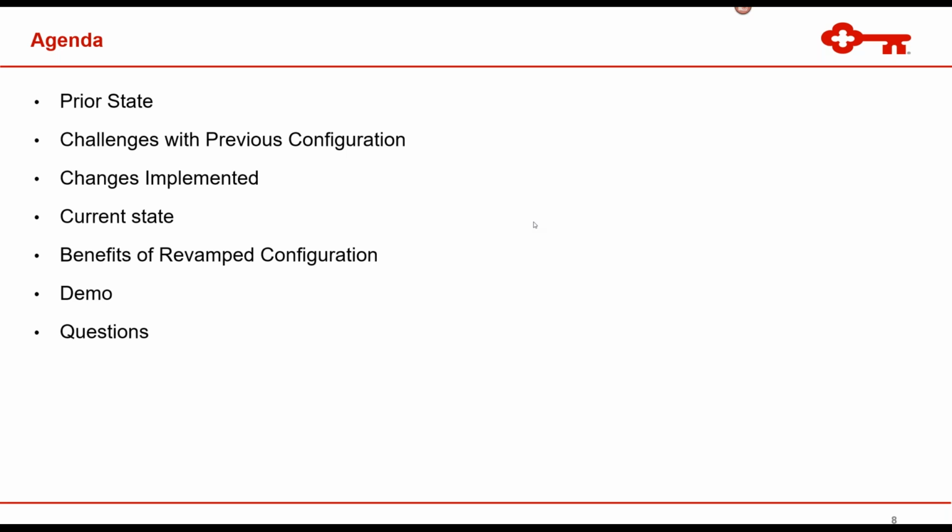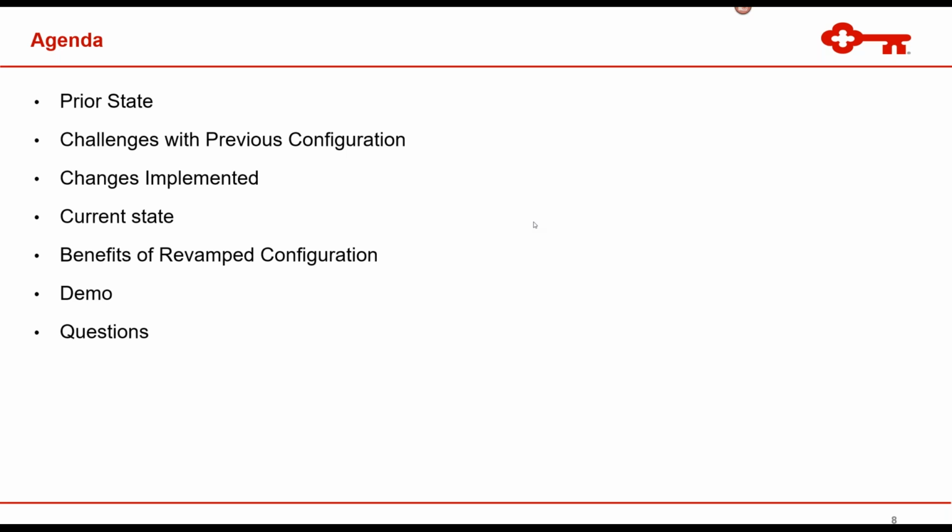We'll also go through some of the benefits that we achieved from revamping our process and the way we configured our funding in PPM. And then we'll go through a quick demo in one of our lower environments. And then if you have any questions at the end, we can address those at that time.